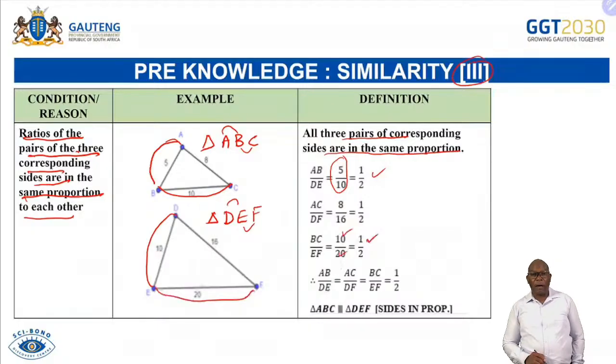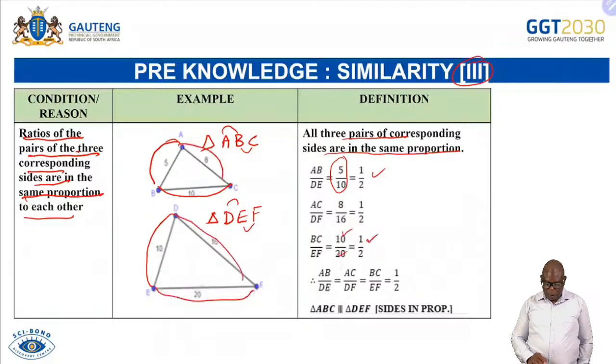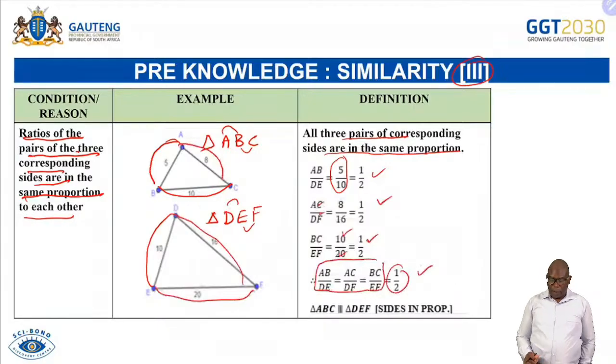Therefore, it gives us a half. Then the last one will be AC over DF. So that will be these two, and it gives us a half. So the ratios are in the same proportion. It gives us a half, right? So we then say triangle ABC is similar to triangle DEF.